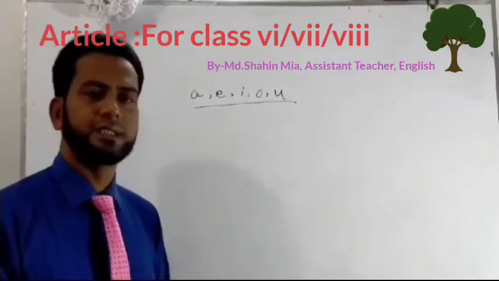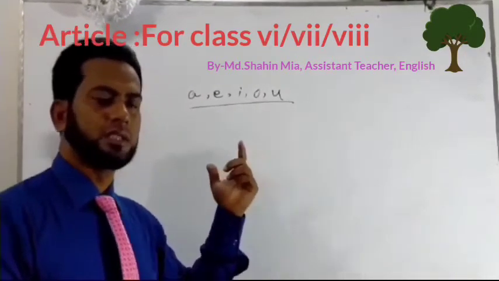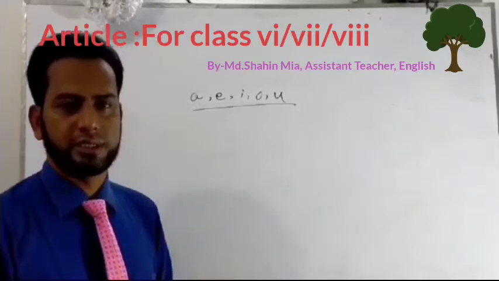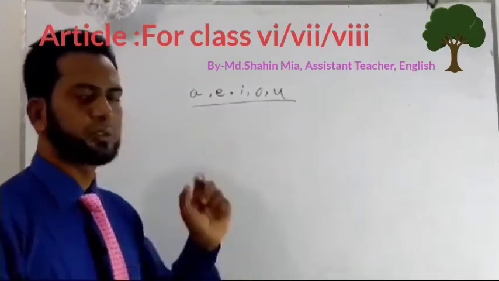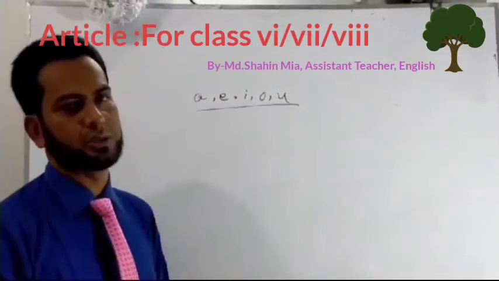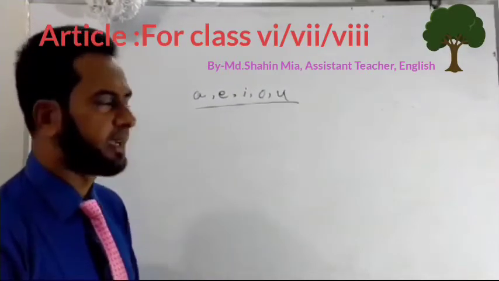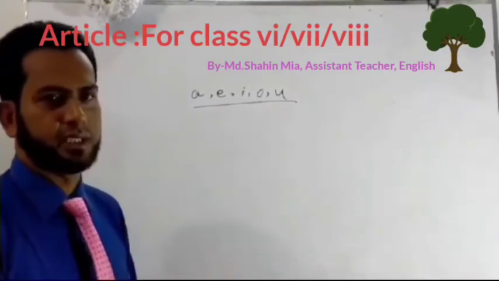And if we get these 5 letters at the beginning of any English word, before the word we must use article an. Let's take an example.